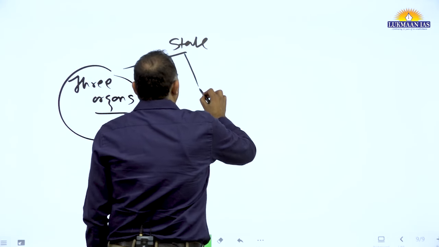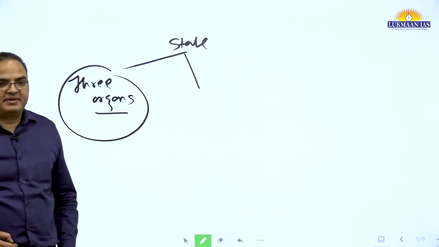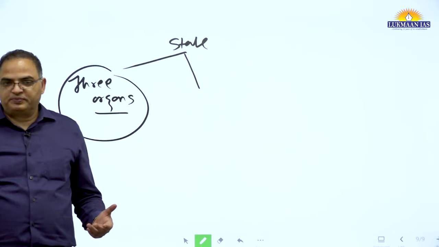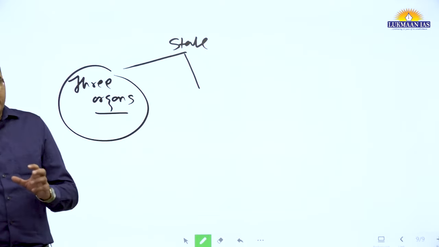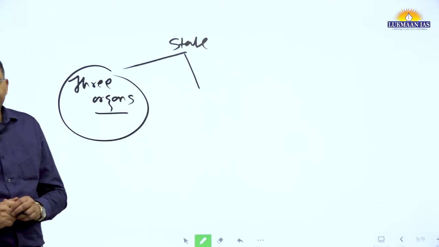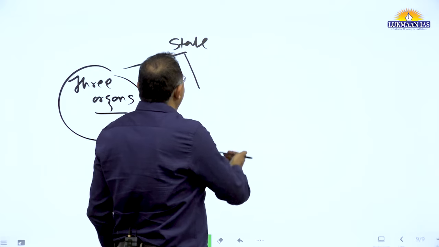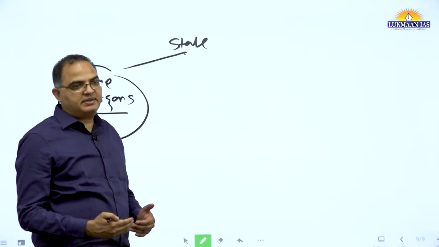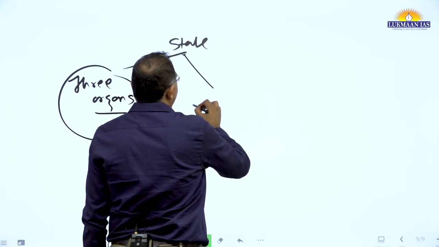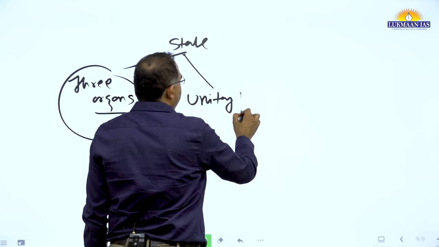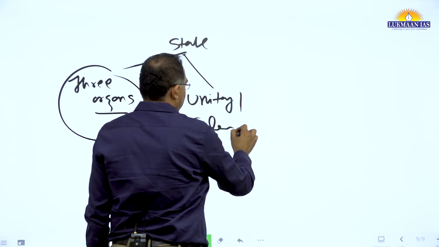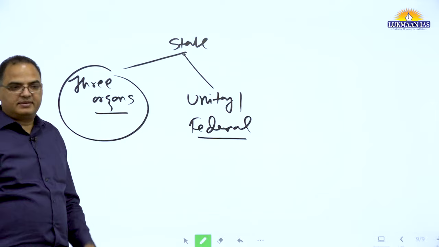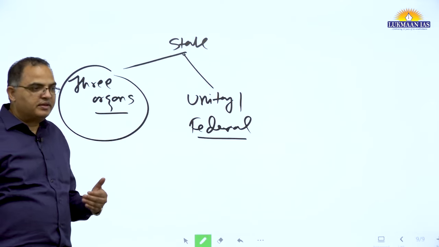Next, a state cannot govern itself. A state can be big, people can be very diverse. Like, can we govern by the center only? The state may not govern that way. So that's why the nature of a state has emerged. On that basis, it can be either unitary or federal.